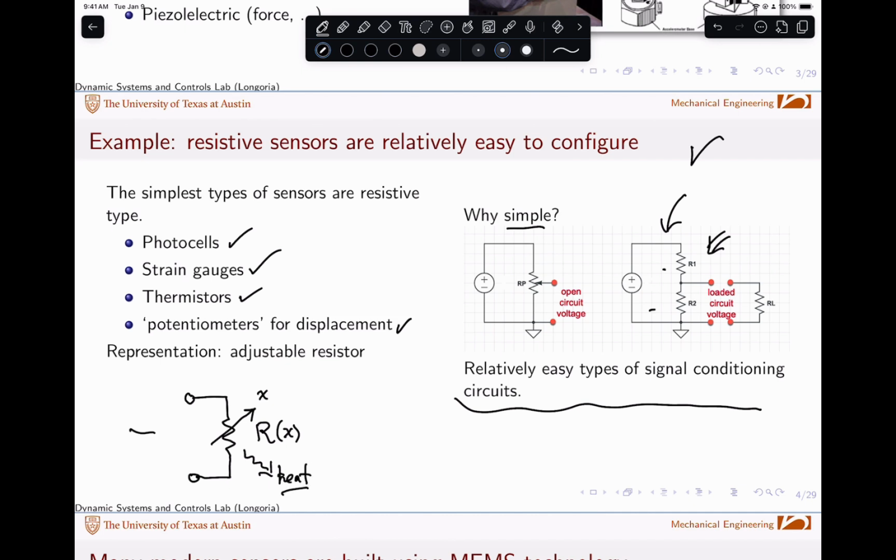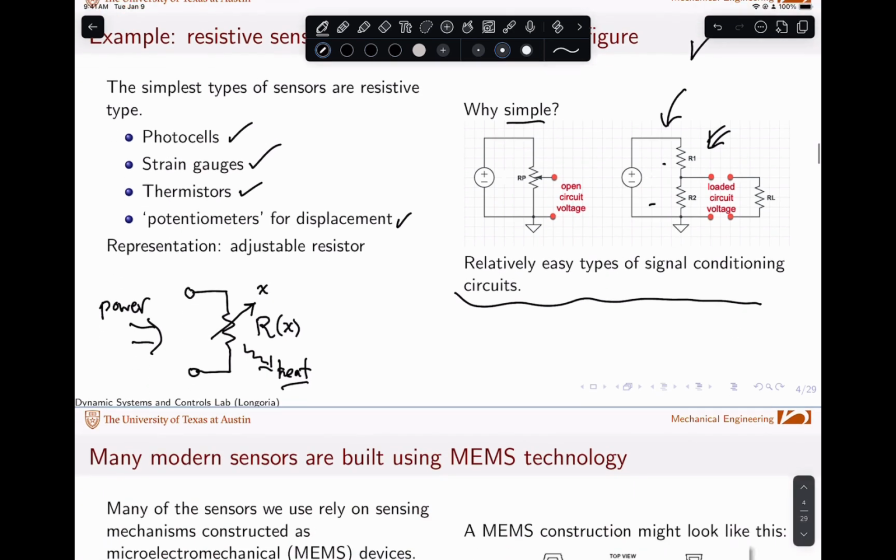So all the electrical power that goes into them is lost in heat, and so they're power consumptive. Sometimes they can have other disadvantages, but sometimes cost and ease of use is very desirable, and they're widely available as well.